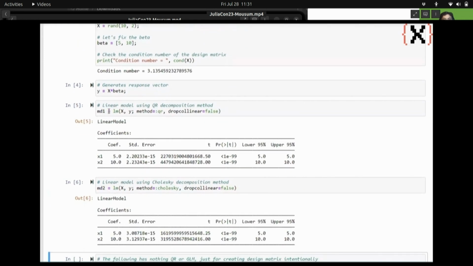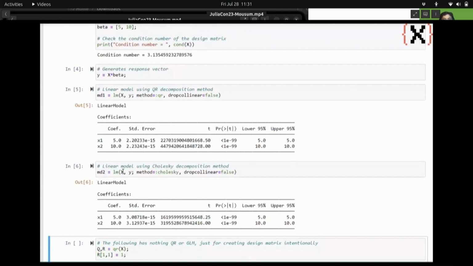Okay, we can see that the estimates of beta using the QR decomposition method give perfect estimates, 5 and 10, and the estimates of beta using the Cholesky decomposition method also give the perfect estimates of beta, 5 and 10.